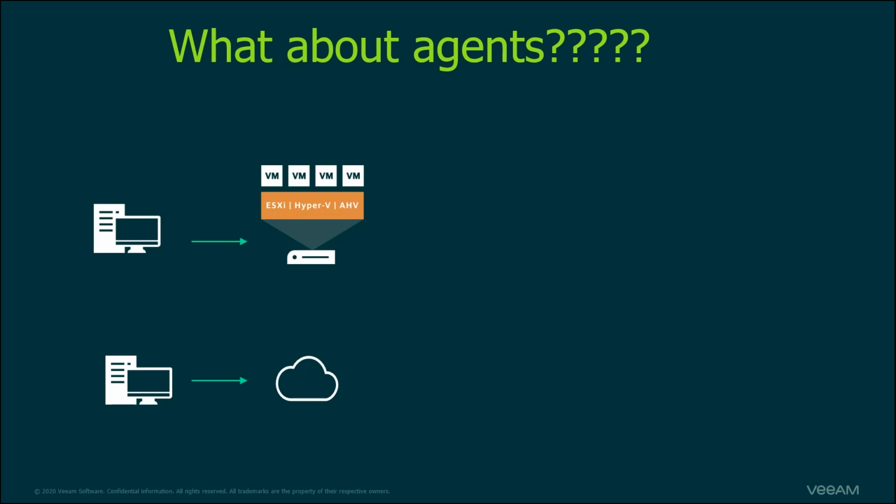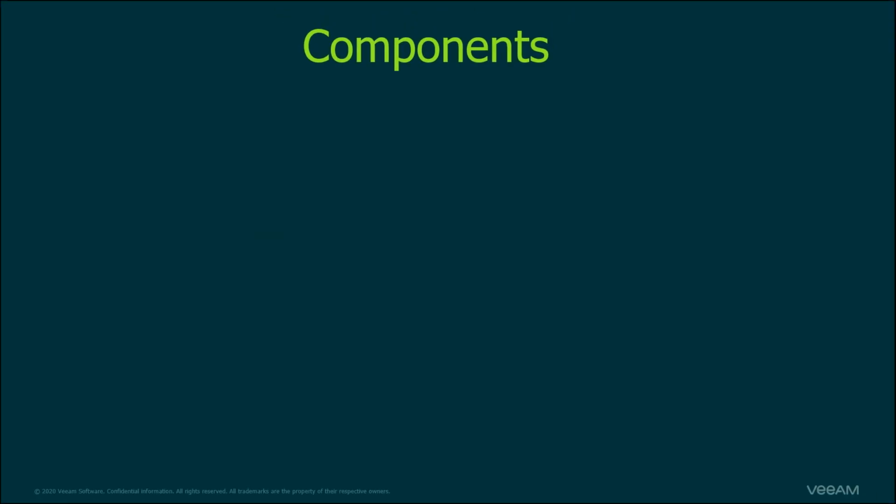Now let's take a look at the components as we round this video out. Guess what you'll need? That's right, you'll need a Veeam Backup and Replication server and a Veeam Backup and Replication repository. As long as those agent jobs are managed by the Veeam server and they're in a Veeam repository, this core product here, Veeam Backup and Replication, will give you all of those same restore options.